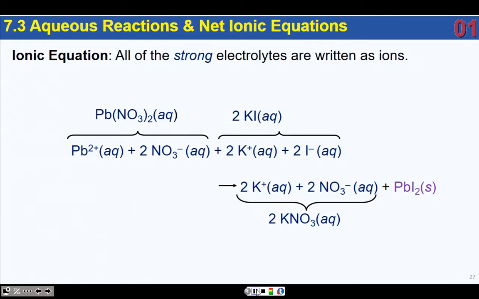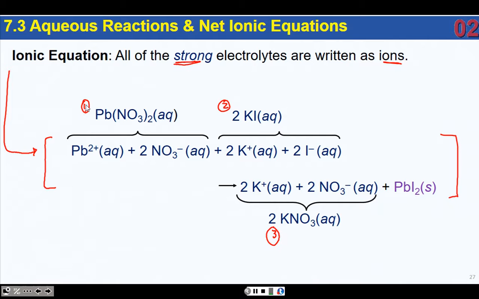The ionic equation is the next type, and all of the strong electrolytes are going to be written as ions. So the strong electrolytes were the lead nitrate, the potassium iodide, and the potassium nitrate. And so we will list them in the ionic equation, which is this version in the middle, as their specific separated ions. These are very tedious to write, and you have to be paying attention to charges and phases to get them correct.